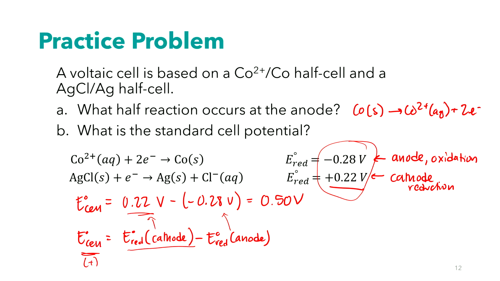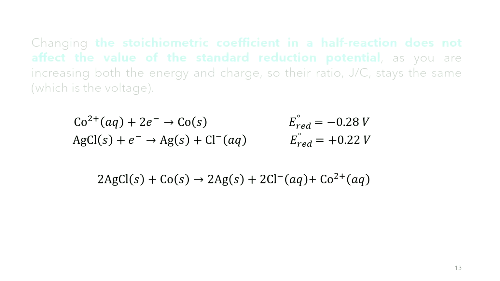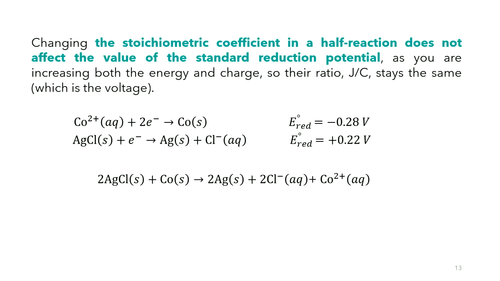So if I was going to write the fully balanced redox reaction, I'd need to add in a factor of 2 on that silver chloride, but that doesn't get factored into these standard cell potential processes. So when you make that calculation, I don't multiply by 2, I just use that value. And the reason is because those volts are joules per coulomb, so they both increase. When I multiply by a factor of 2, my voltage doesn't change, it stays the same.